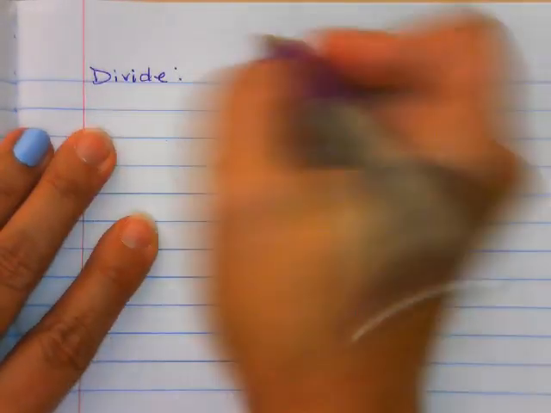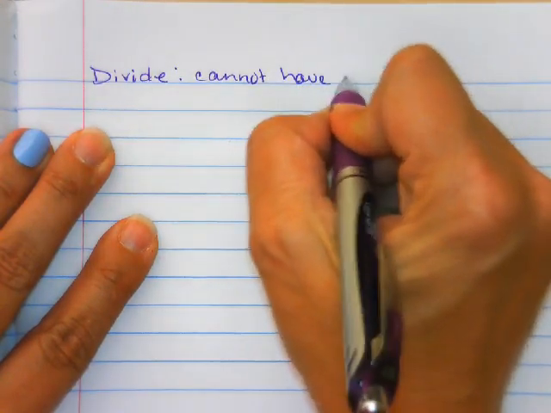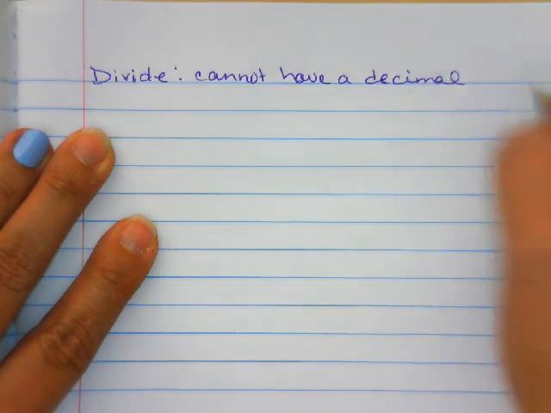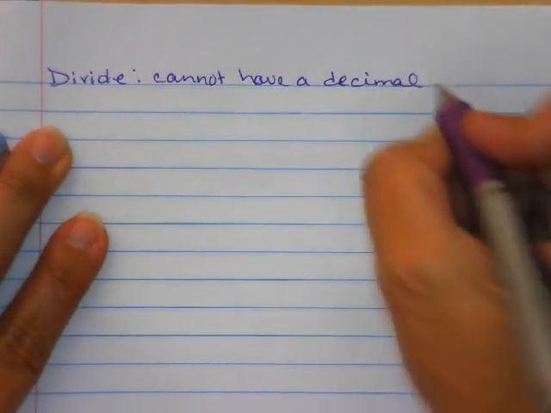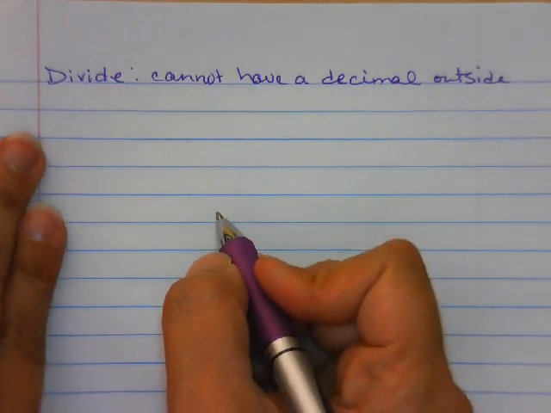When we divide, you have to remember you cannot have a decimal outside. So remember, when we do that, we need to move.